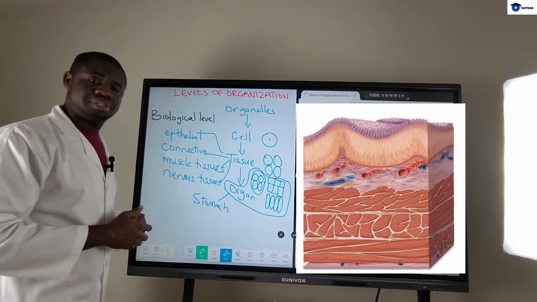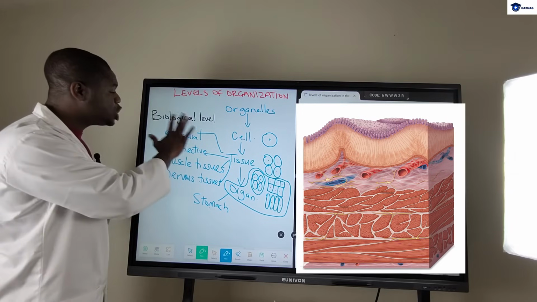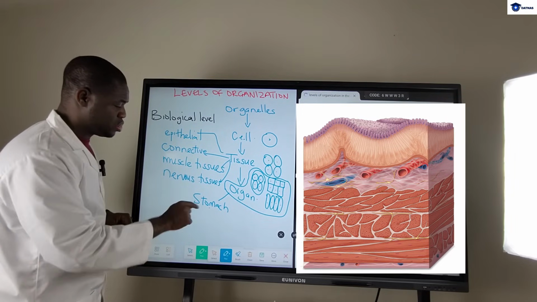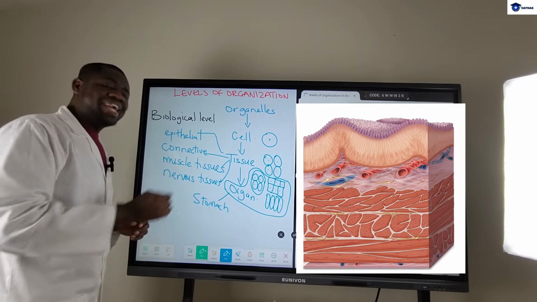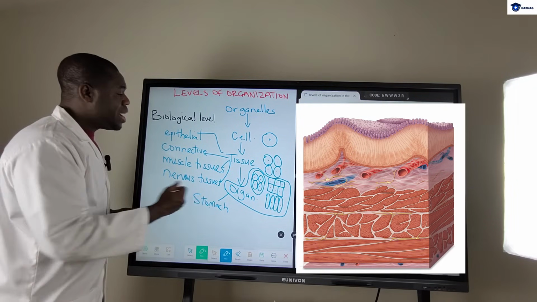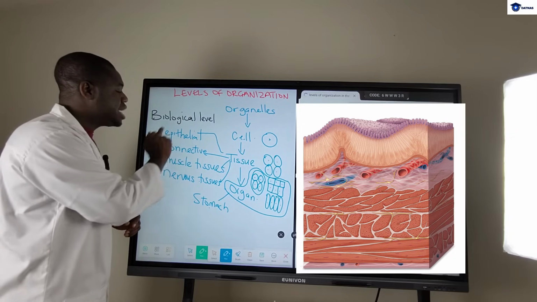Inside the stomach, you will find a combination of all these tissues. For example, the inner layer of the stomach is made up of epithelial tissues.